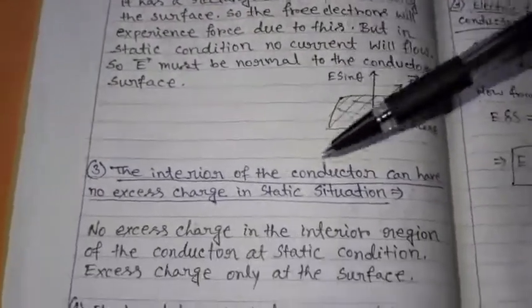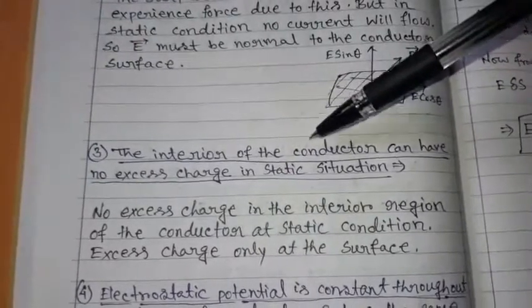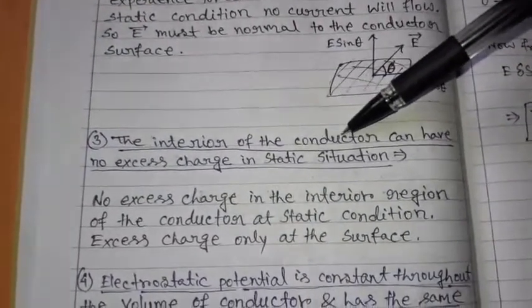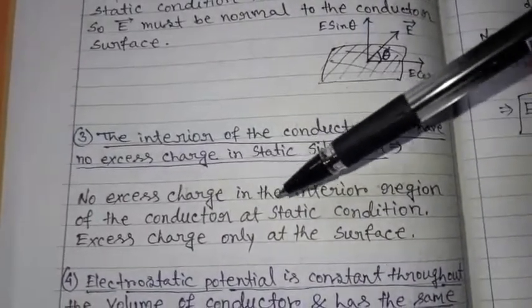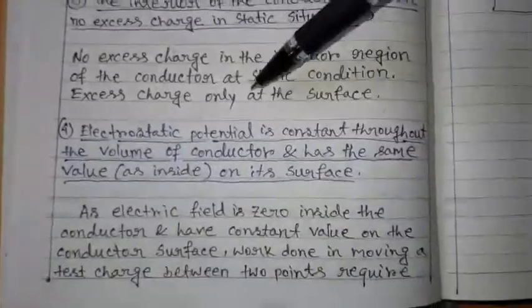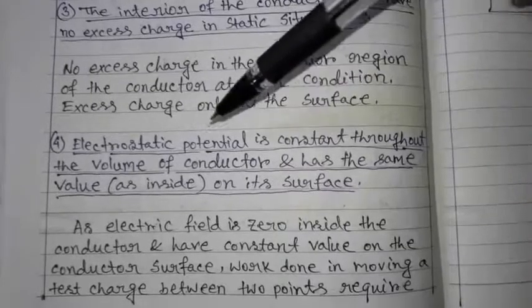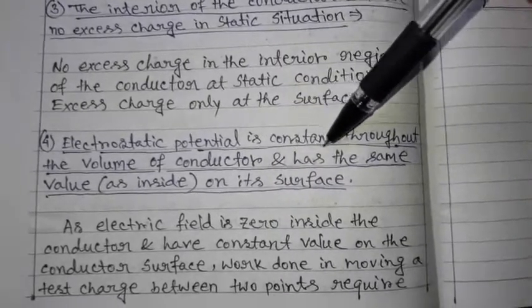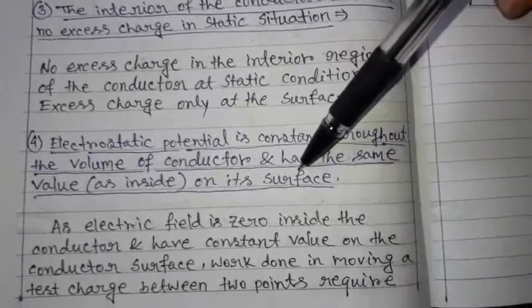Third one, the interior of the conductor can have no excess charge in static condition. No excess charge in the interior region of the conductor at the static condition; excess charge is only at the surface. Fourth point, electrostatic potential is constant throughout the volume of the conductor and has the same value as on its surface.